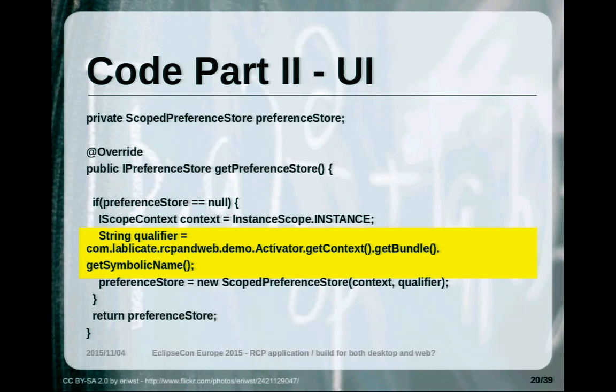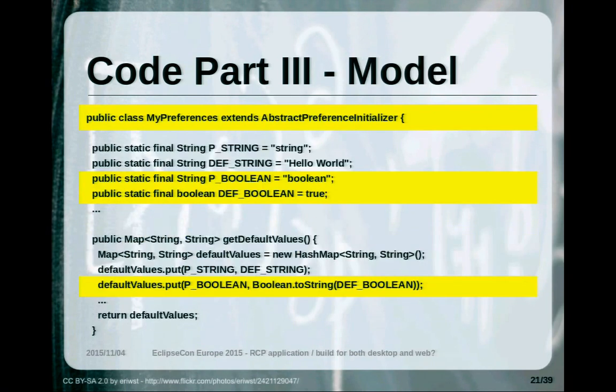And that's what we do here. We say qualifier. We now have our demo bundle, the model bundle, and get the preference store from there and put it into our UI preference page.